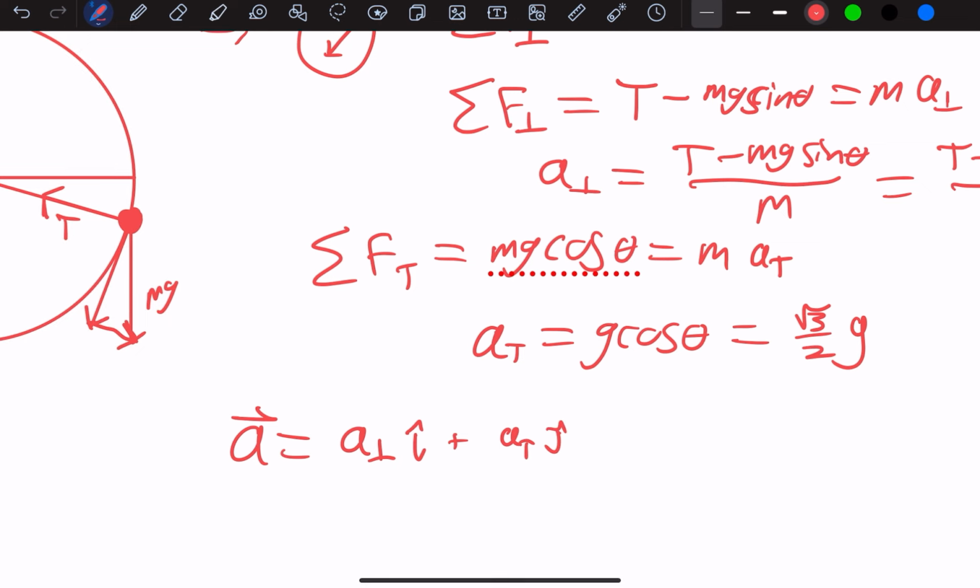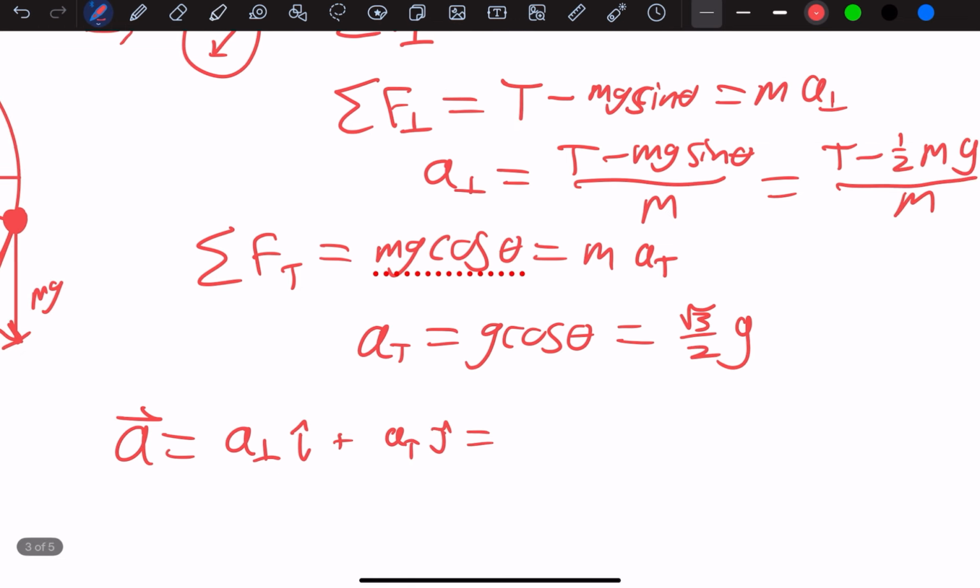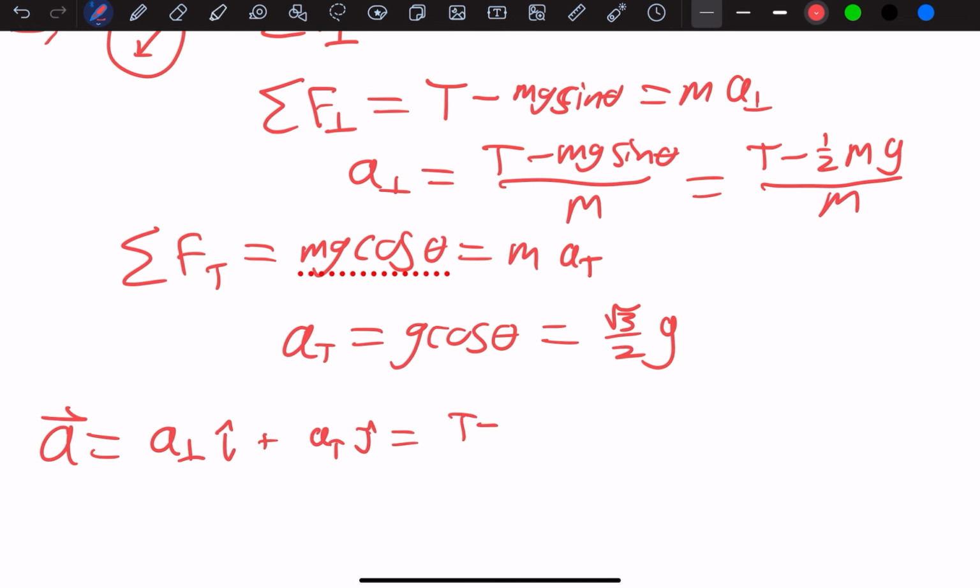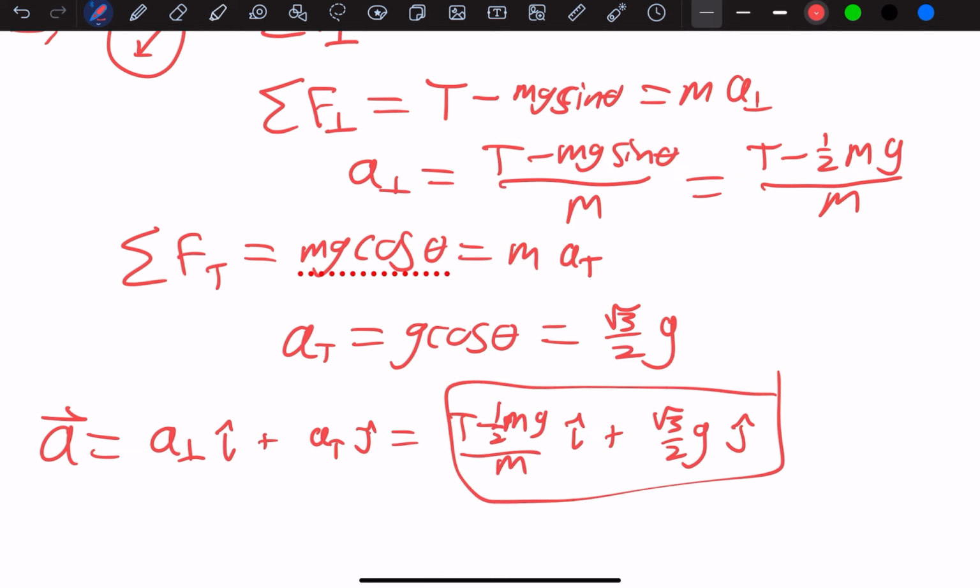So that equals the tension minus 1/2 mg over m, and that's going to be i hat plus square root 3 over 2 g, j hat, and there's your answer.